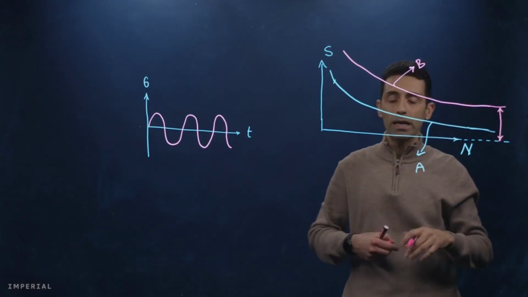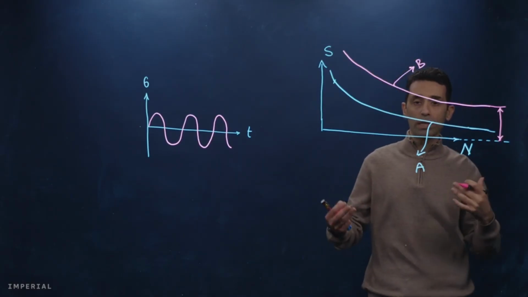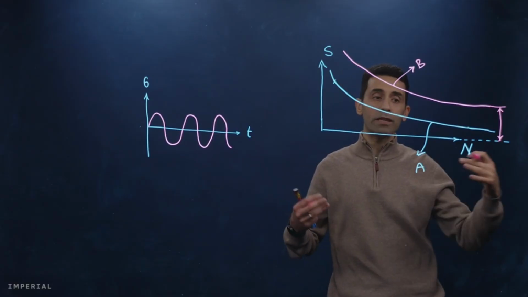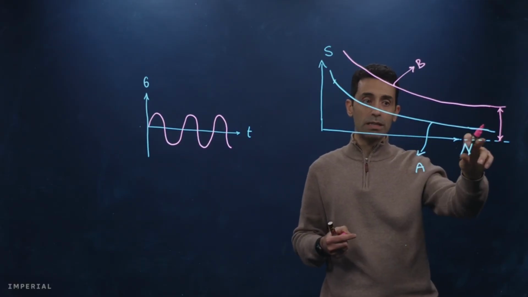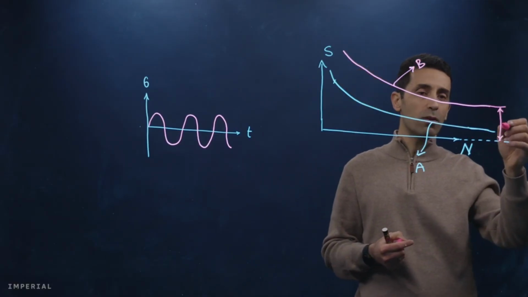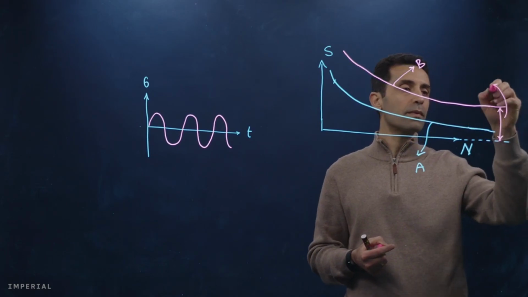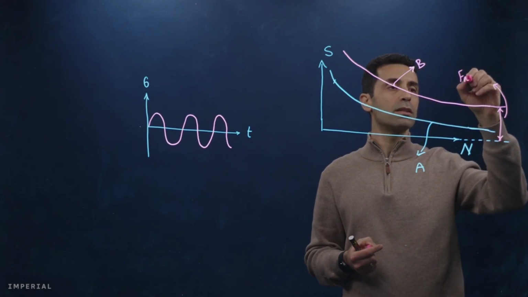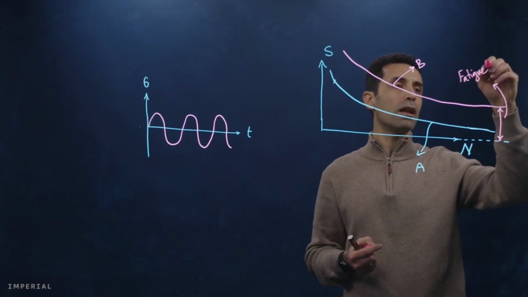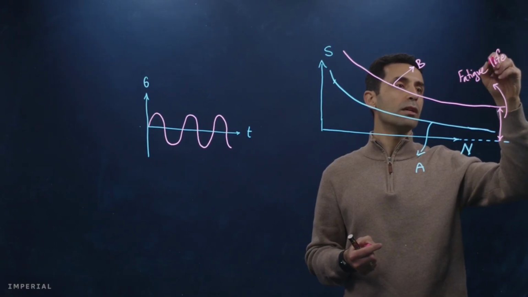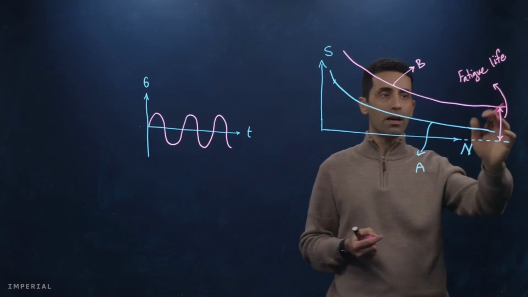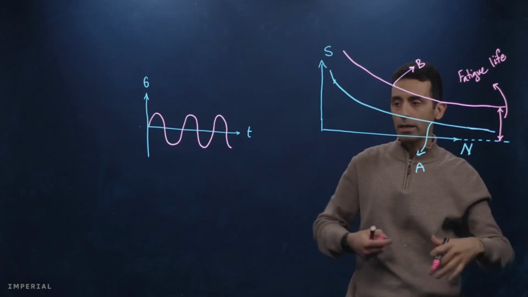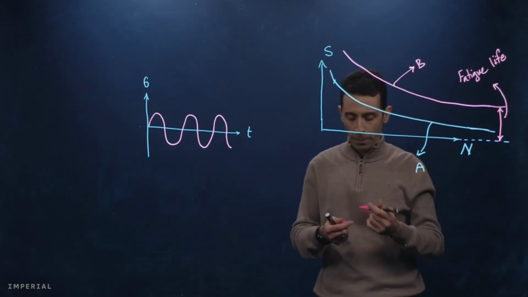In other words, if you apply these loading cycles for an infinite number of times, this structure will never fail. So that is what we call the fatigue life. So this is called the fatigue life of the structure. So for structure B, the fatigue life has a certain magnitude. For A, fatigue life is zero.